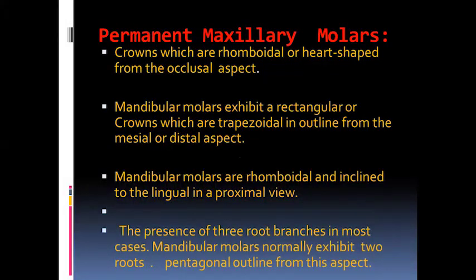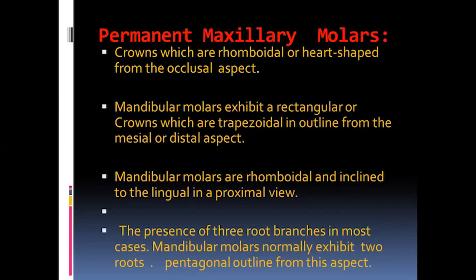Permanent maxillary molars have crowns which are rhomboidal or heart-shaped from the occlusal aspect. Mandibular molars exhibit a rectangular or trapezoidal outline from the occlusal aspect. Mandibular molars are rhomboidal and inclined to the lingual in a proximal view.